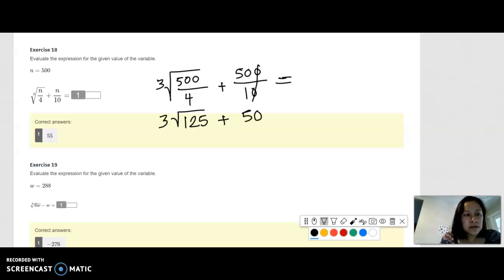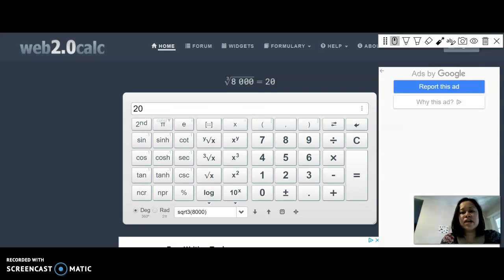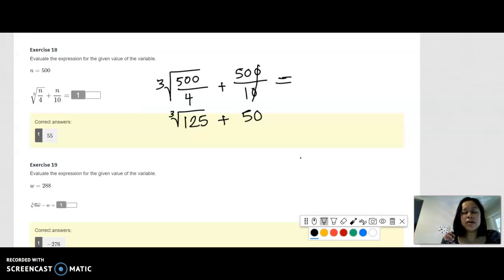I'm sorry, this 3 should really be a little smaller so it doesn't look like 3 times. It should be a small 3 so that you know it's a cube root. Now, when you find the cube root of 125, if you don't happen to know that, go to the calculator. Cube root of 125 is 5. So we're really just adding 5 plus 50 to get 55.